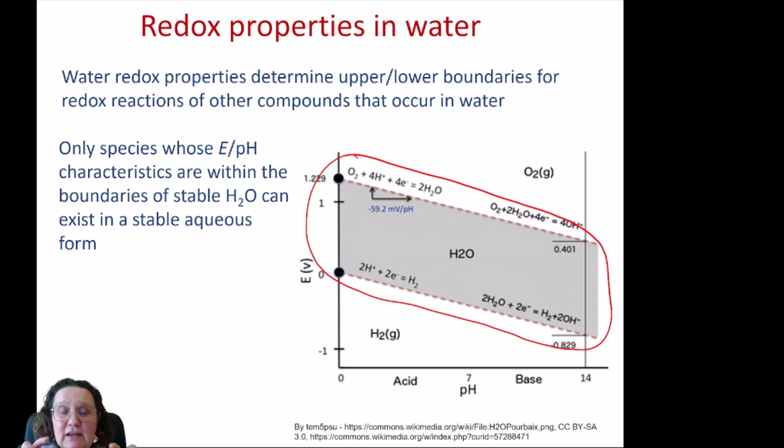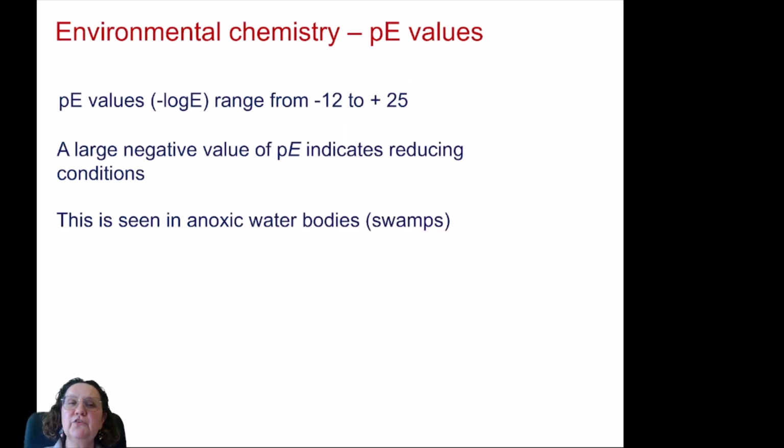They need to fit within that stability zone. If their electropotentials fall above or below this zone, then they will be able to decompose water, either oxidize it or reduce it.